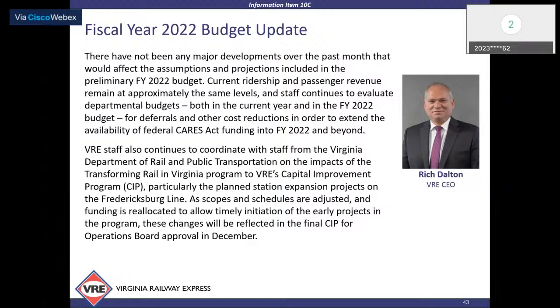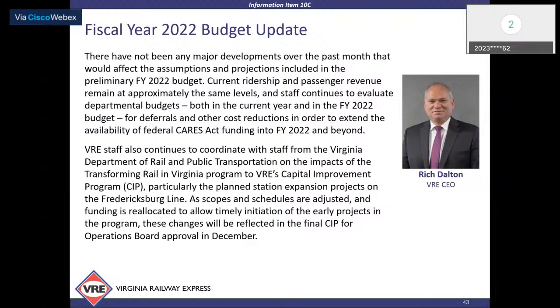That will allow us to avoid any sort of immediate or draconian cuts either to the level of service that we provide or to the headcount here at VRE, and then be able to evaluate commuting patterns post-pandemic and react accordingly, and not have to make any sort of rash decisions.